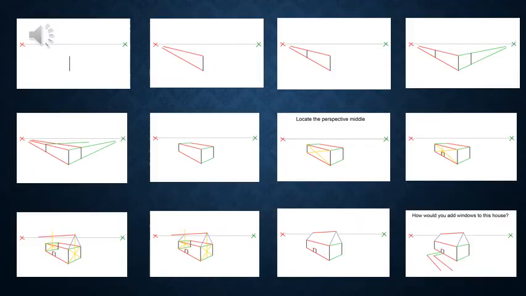In this slide we can see the step by step creation of an object which we have discussed before as well. It shows all the types of lines which are used in this object: the two vanishing points, red and green, and the vertical lines as black.